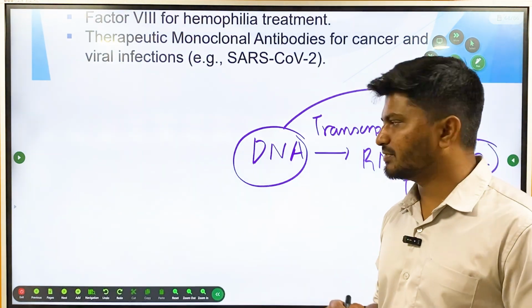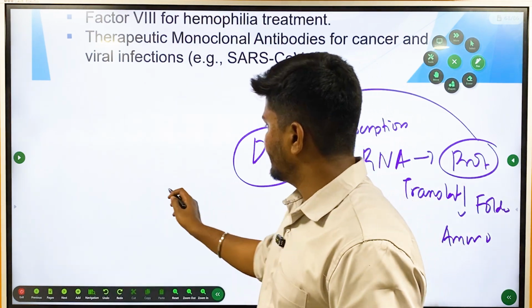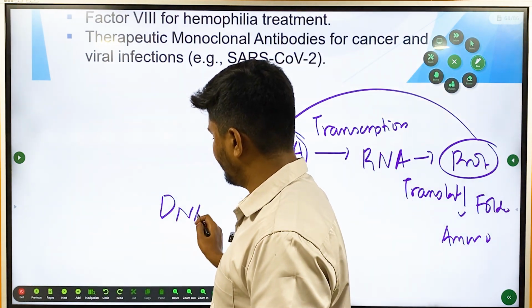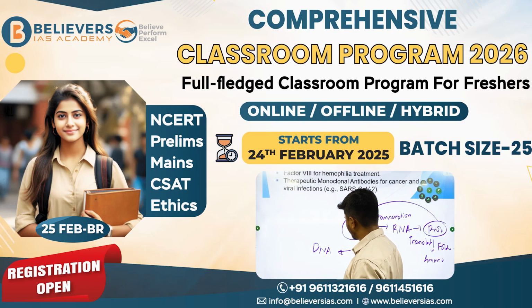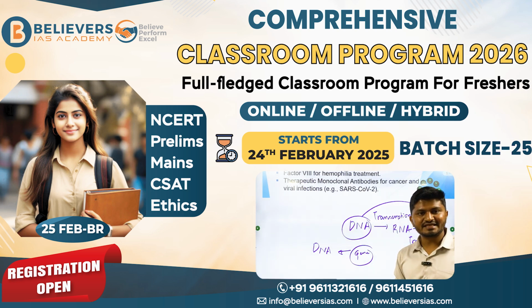Okay, but in recombinant DNA, a recombinant protein practice, what happens here is the DNA will be modified by inserting a particular gene. That DNA which has been inserted with a new gene is called recombinant DNA.